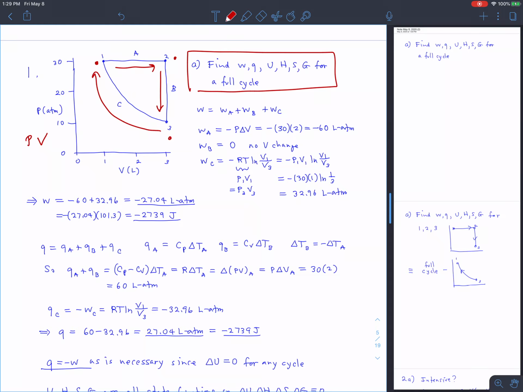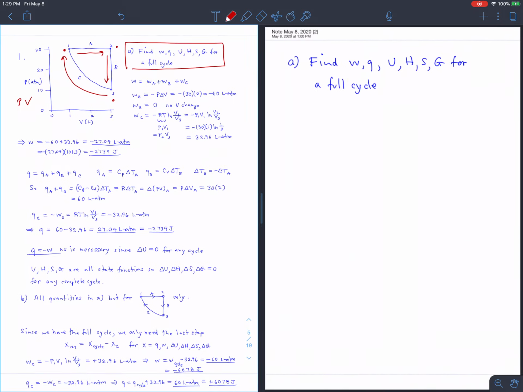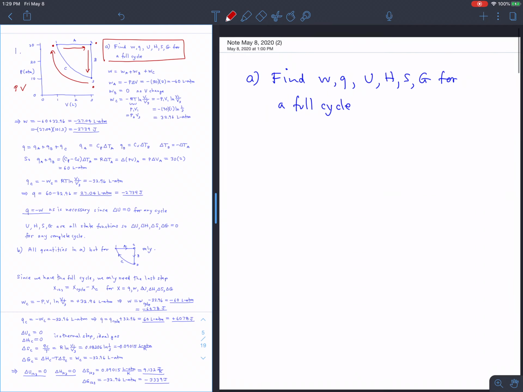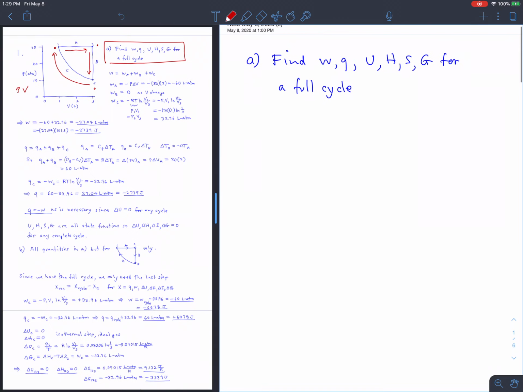So let's do that. The hard ones are the energy and the work and the heat. And so let's go through those. First of all, I'm going to just draw a picture over here to make things a little easier. Here's our cycle. This is 1, 2, and 3.